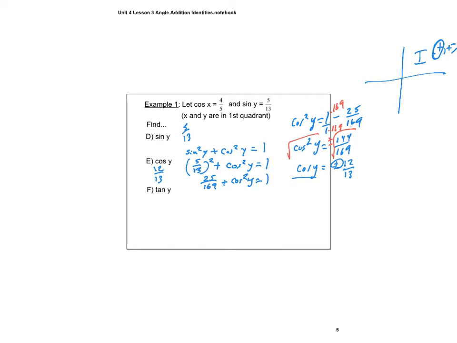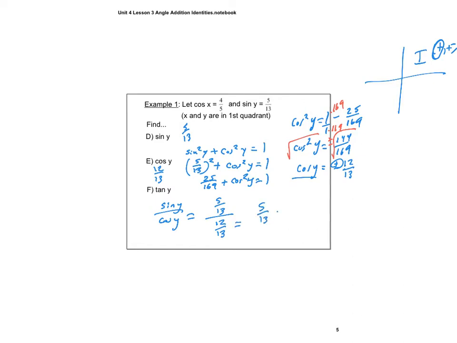12/13. All right, so the tangent of y is equal to the sine of y divided by the cosine of y. What's your sine of y? It's 5/13. What's your cosine of y? It's 12/13.